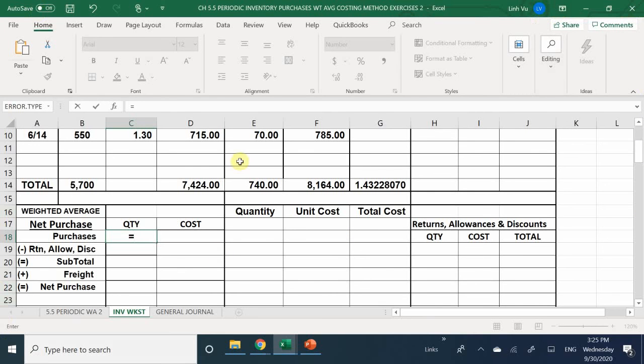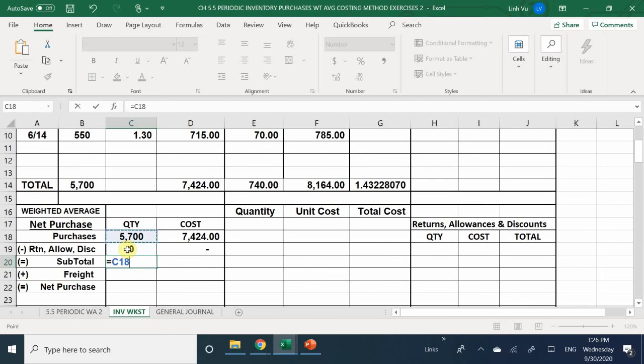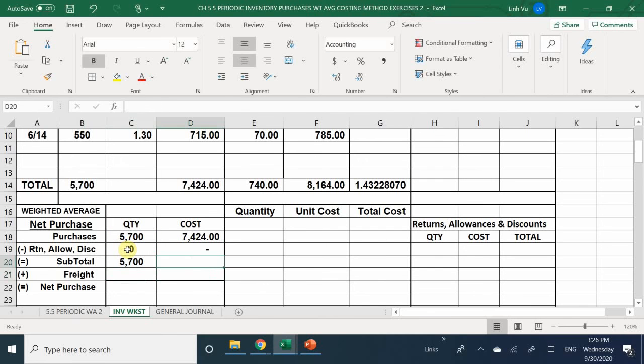So in this case, I bought a total of 5,700 at 74,000. In this case, we do not have any purchase returns or allowances, so therefore our numbers are the same.